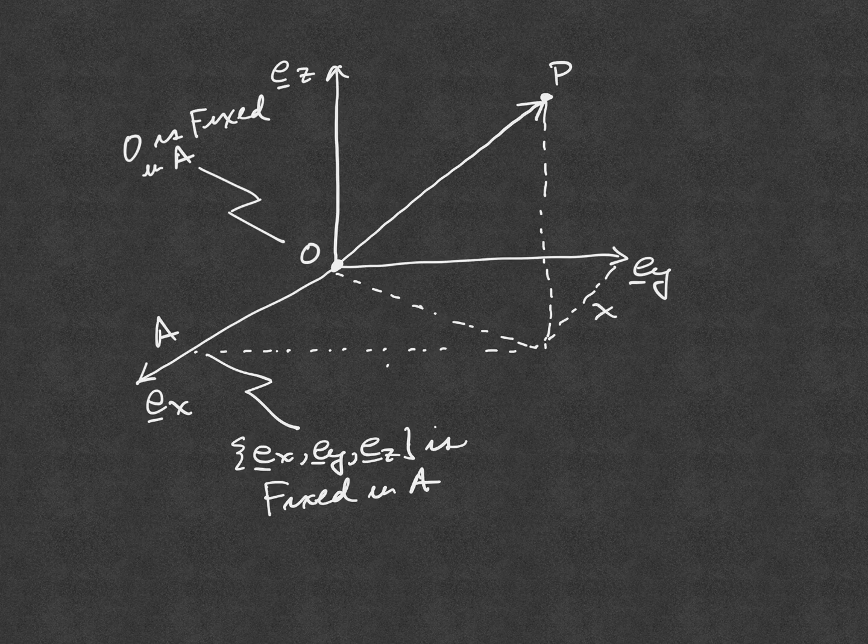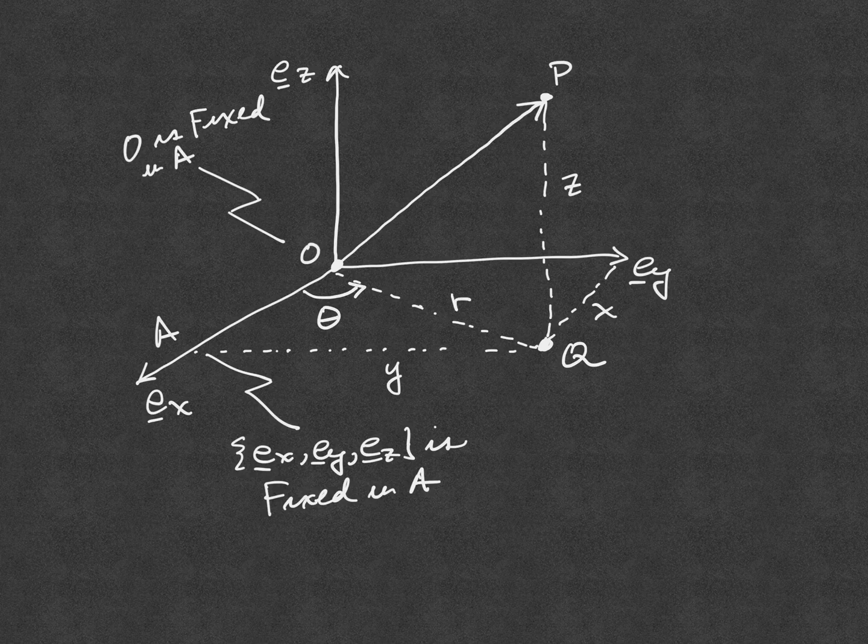This is x, this is y, and this is z. But I'm going to introduce this new point, which is down at the projection of point P into the ex, ey plane, and I'm going to call that point Q. And the angle between ex and OQ is going to be defined as theta. And the distance from O to Q is going to be defined as R.